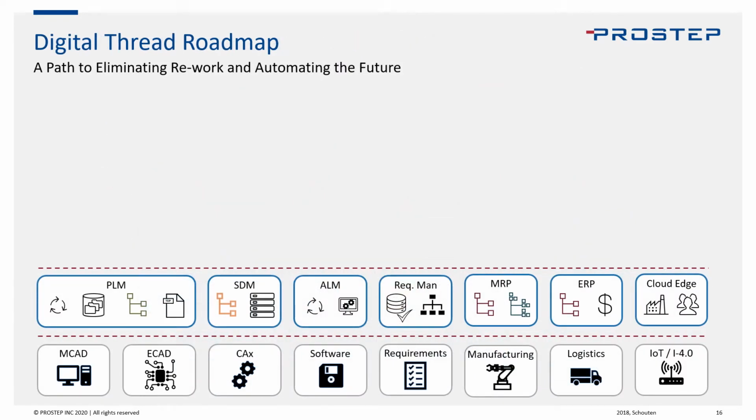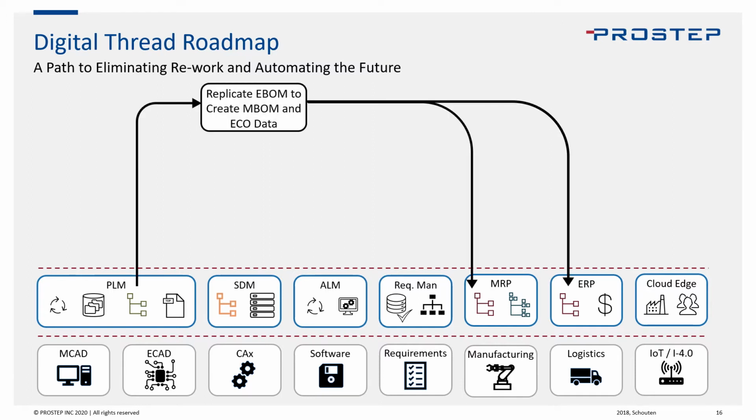So we get to different use cases of what we see within this digital thread roadmap. The first one, and this is very common, is the replication of an EBOM or maybe an MBOM to create that data within the ERP or MRP or MES systems.